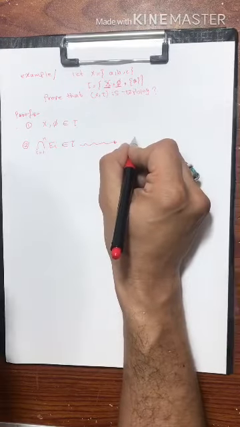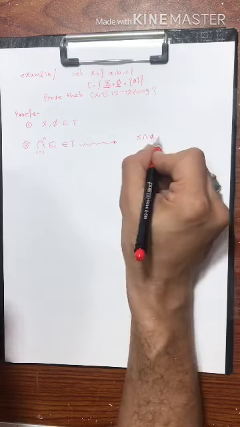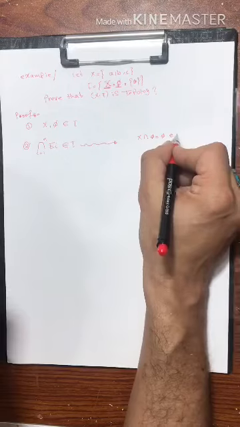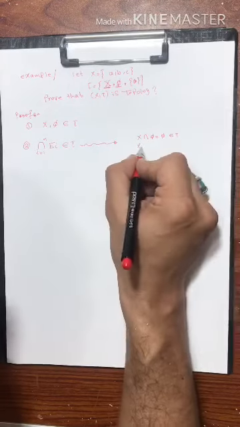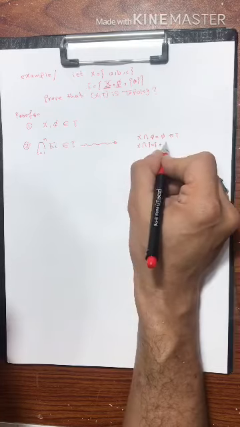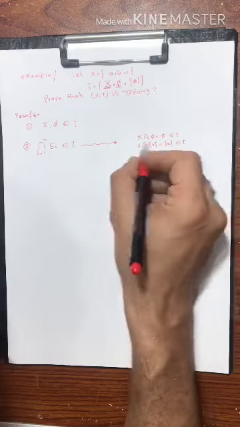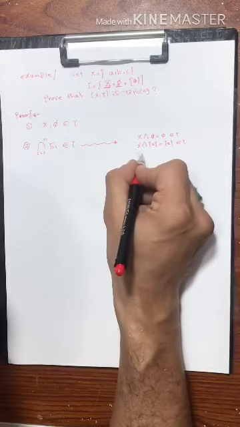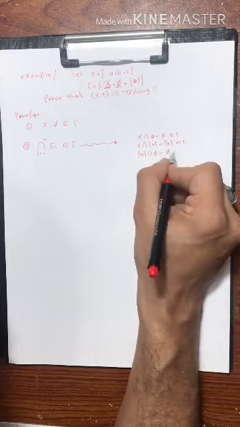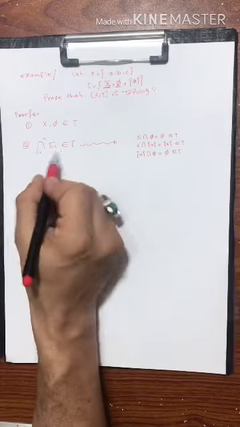Take X intersection phi equals phi, and phi belongs to tau. X intersection subset A equals subset A, and subset A belongs to tau. Subset A intersection phi equals phi, and phi belongs to tau. Then this condition holds.